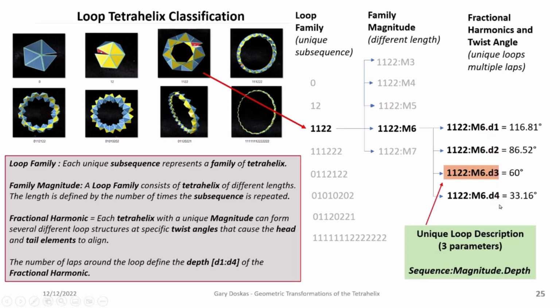And these D1, D2, D3, and D4 represent the depth, or how many laps are involved in these structures. And the one I've highlighted here allows me to give you a full description of any loop tetrahelix using these 3 parameters of sequence, magnitude, and depth. And I'll be using that to differentiate between the various loops I'm showing.